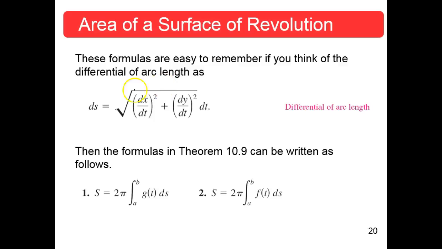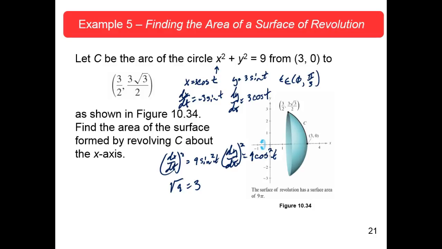So this part would be 3, okay? That's it. That's that part. The first parts are 2 pi. Now, remember, we're going from 0 to pi thirds. And which are we revolving around? Around the x-axis. So it's the y that's going around here.